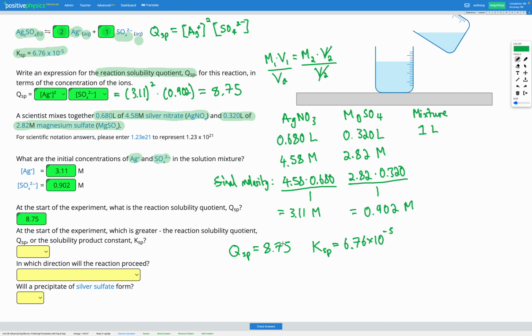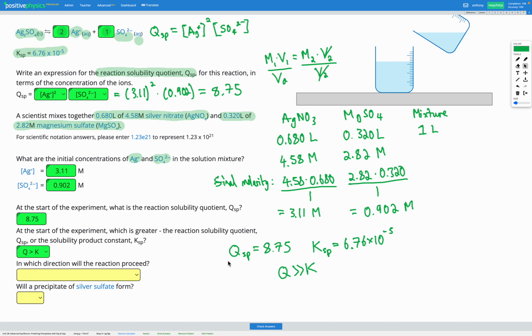Now in this example, Q is 8.75 and KSP is 6.76 times 10 to the negative 5. So Q is way bigger than K. So we can answer this question: at the start of the experiment, which is greater, the reaction solubility quotient, QSP, or the solubility product constant, KSP? The answer is that Q, the quotient, is way bigger than K, the constant.